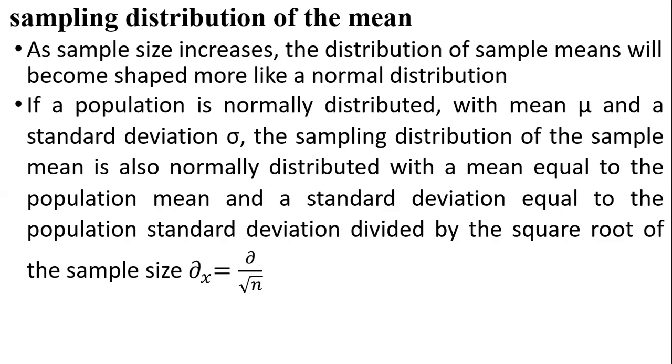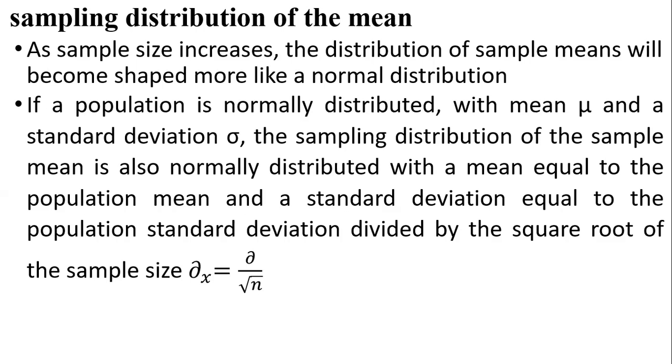But if the sample mean and the population mean are different, we end up making a wrong deduction or a wrong inference from the results we are having.